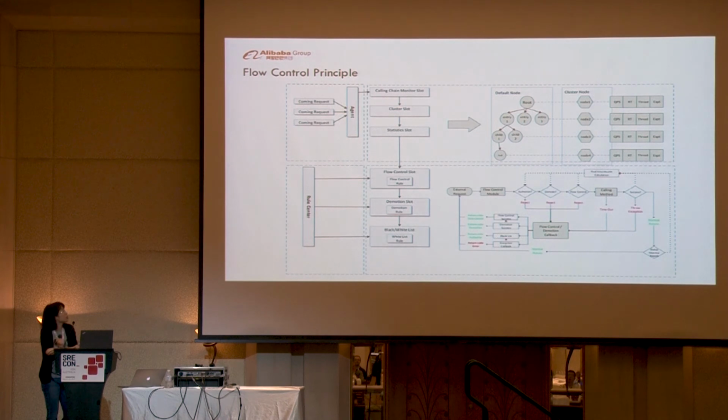This picture is the general principle for the flow control. First, we need to add a process to the entry methods. With this process, we can use the 3 slots to monitor the running status and check all the calling relationships.